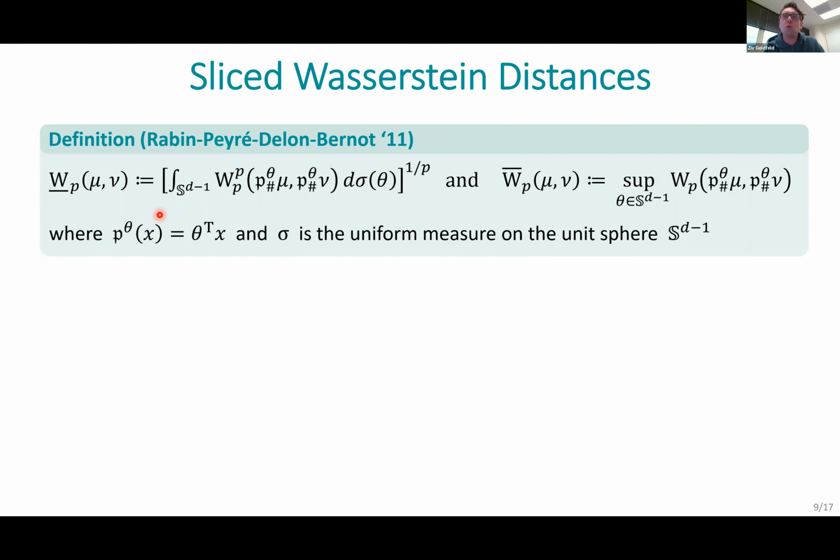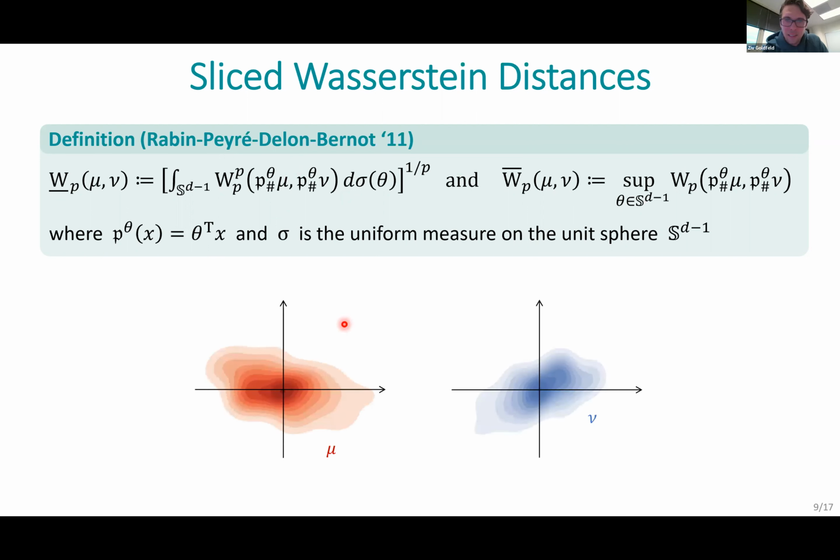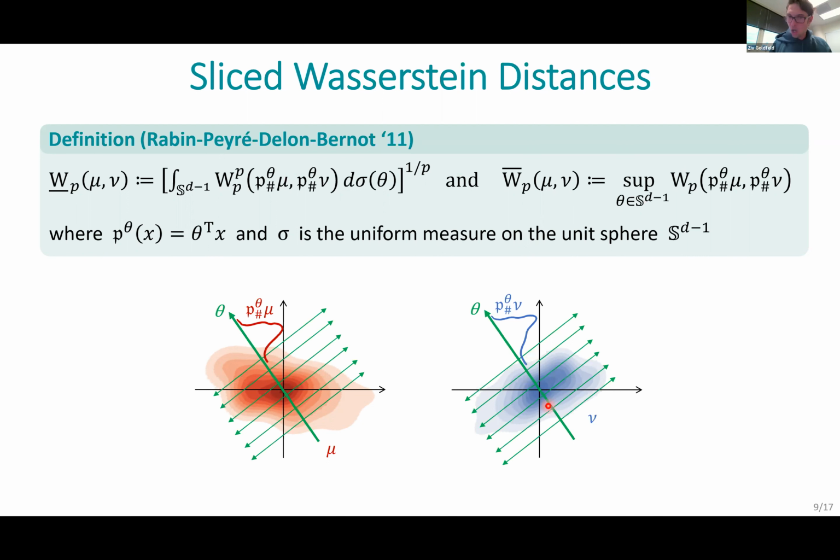There are essentially two variants that I want to mention: the average and the max sliced Wasserstein distances, as defined over here. In both cases, what we do is take our d-dimensional, high-dimensional distributions, pick a random projection direction theta from the unit sphere in the corresponding d-dimensional Euclidean space, and project our distributions onto that direction to obtain a pair of one-dimensional distributions, these ones over here.